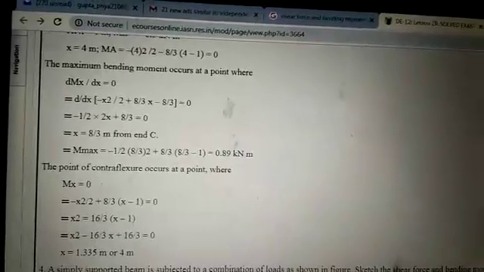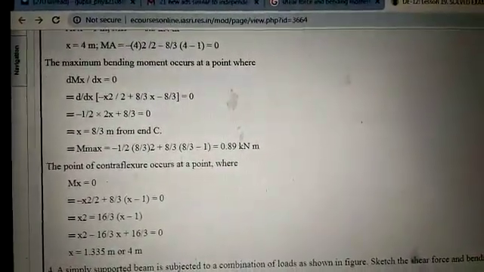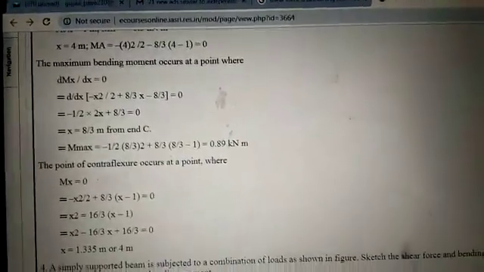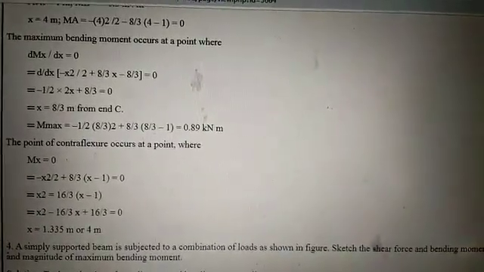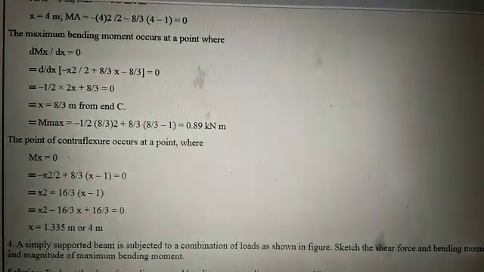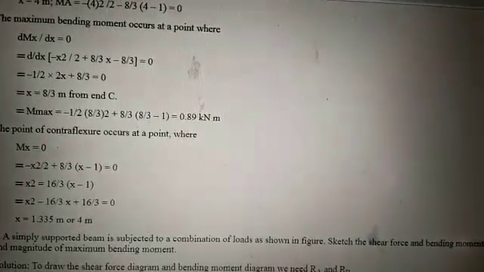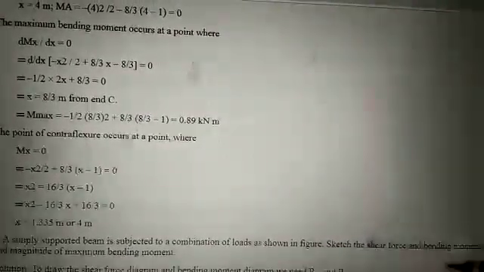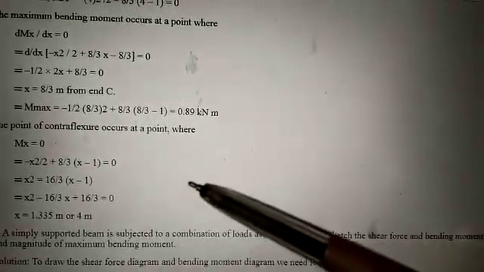Now we have to calculate the point of contraflexure. We know that the point of contraflexure is a point where the moment changes its sign, that is, it goes from positive to negative, or from negative to positive. It is the point where the moment is 0. So we put Mx equal to 0.